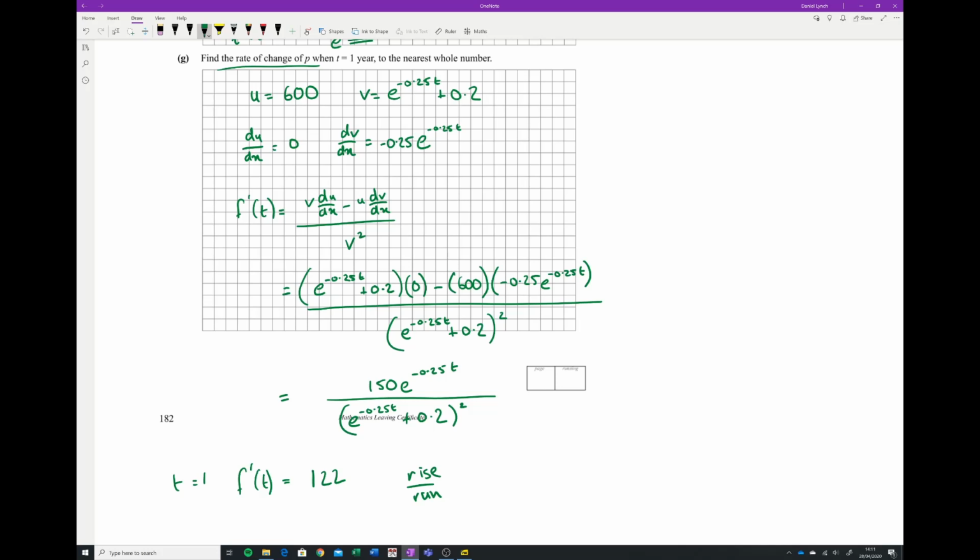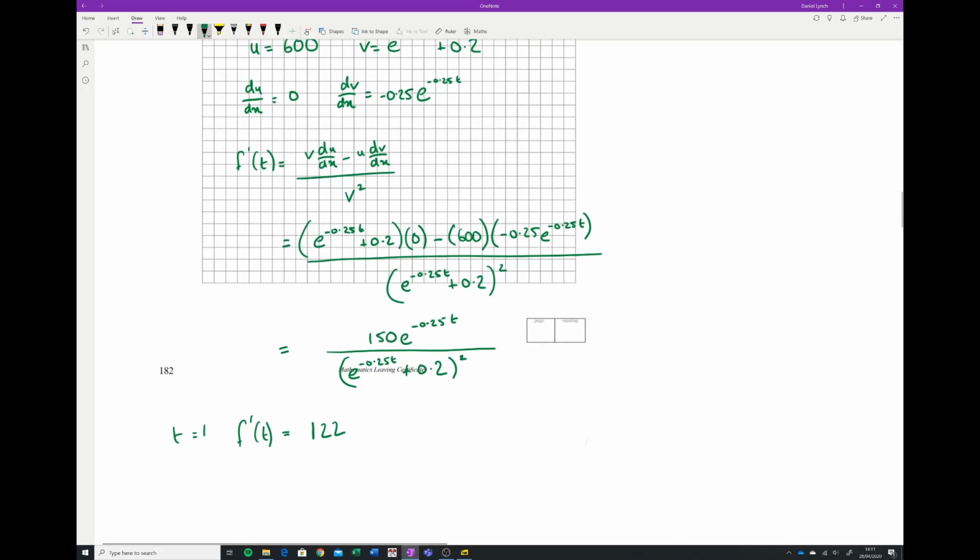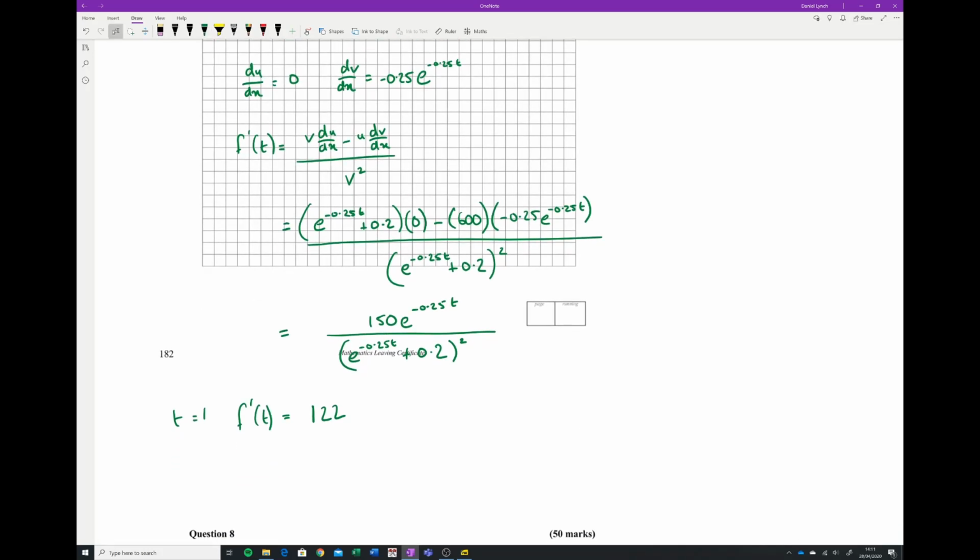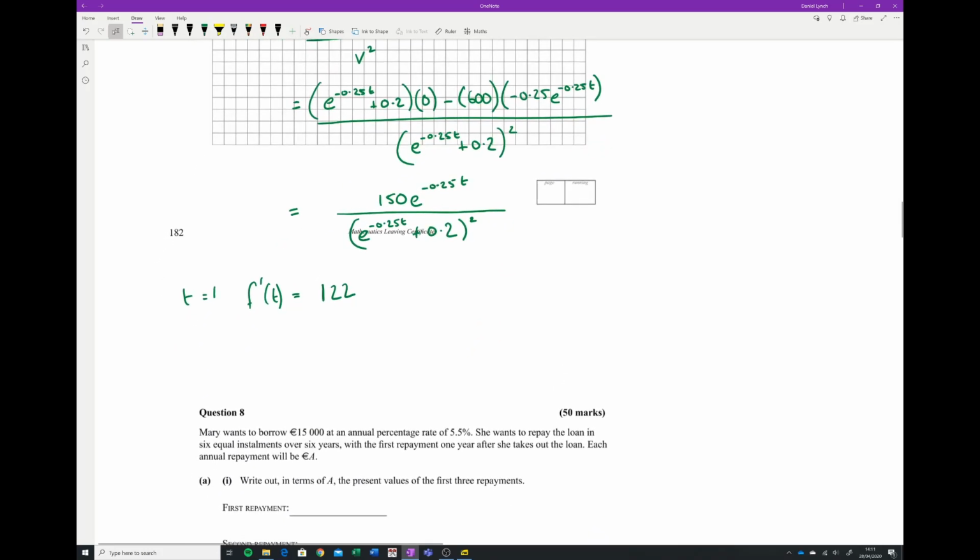At that exact instant, when you move over 1 unit, you are going up 122 units. So as you move over 1 year, it's rising by 122 flowers. That's the sort of question that they might ask.